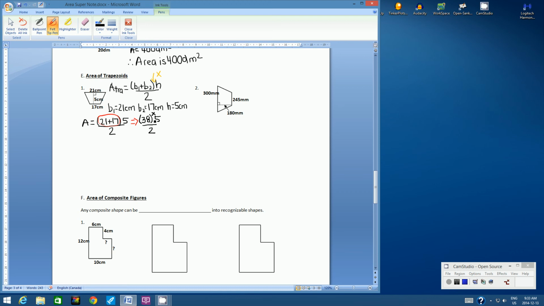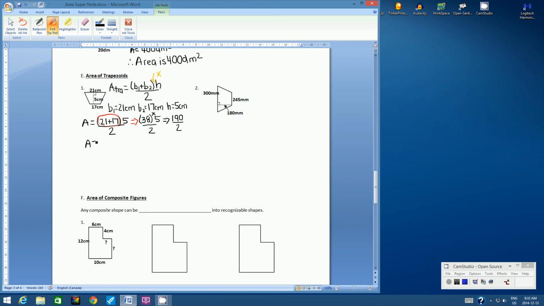So let's do the multiplication first so that we have a new numerator. So using your calculator, what is 38 times 5? 38 times 5 is 190. Don't forget, it's still over 2. Now we just have a division question. 190 divided by 2 will give us our answer line.